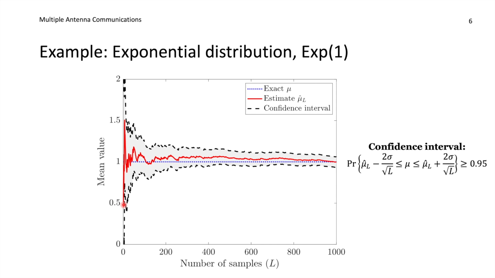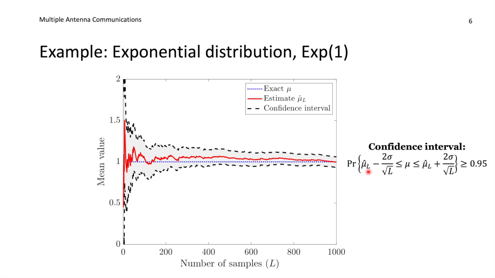With one sample, with two samples, and then we're adding sample by sample, and you can see that this curve is evolving. And it varies up and down, but the general trend is that it becomes closer to the exact value. And we know mathematically that when the number of samples goes to infinity, it will overlap exactly with the exact mean value. The dashed curve here, or the shaded region, this is the confidence interval.